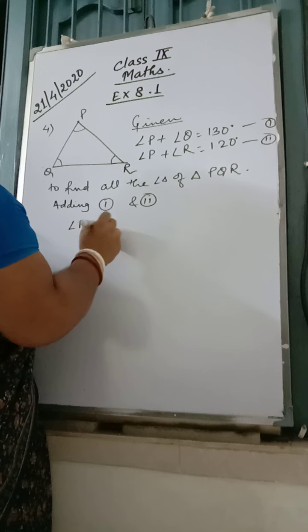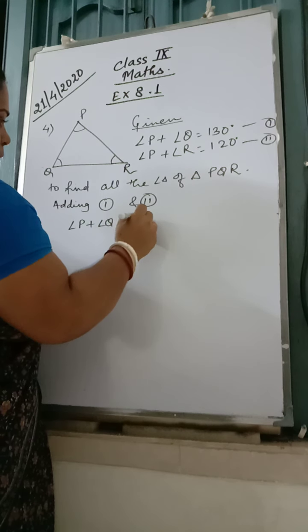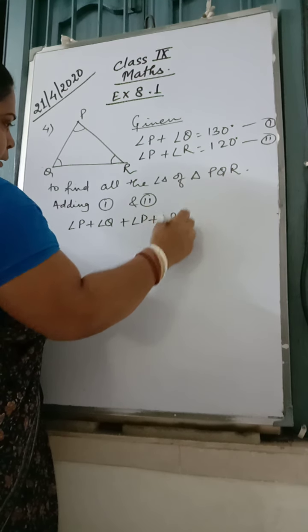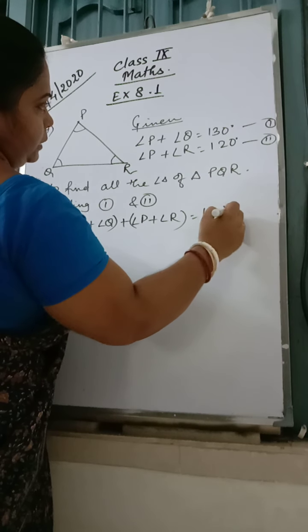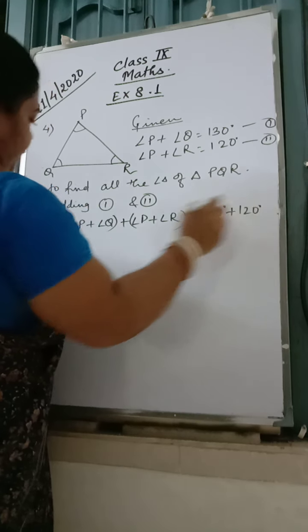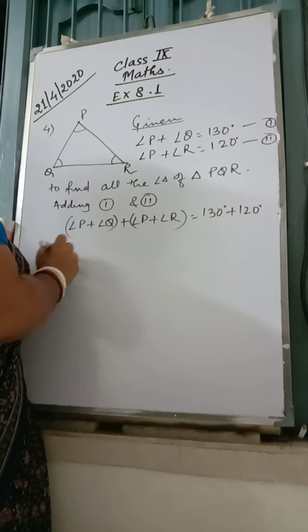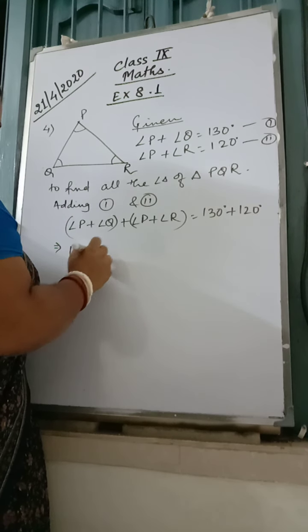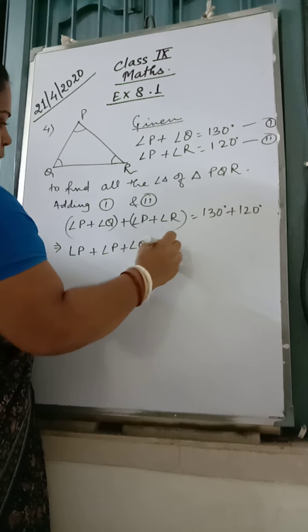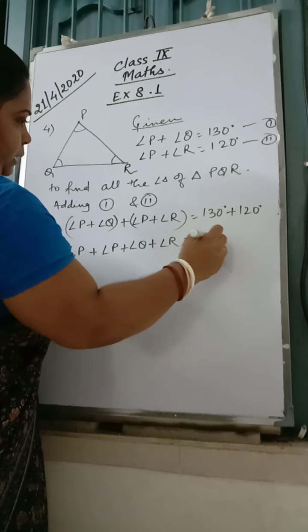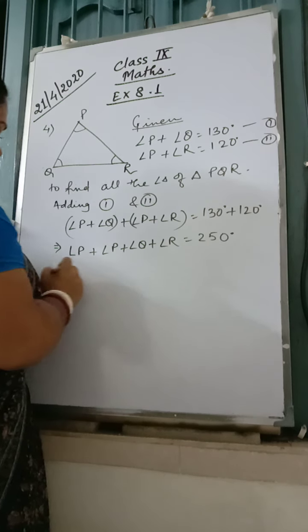Angle P plus angle Q plus angle P plus angle R is equal to 130 degree plus 120 degree. Or it gives you angle P plus angle P plus angle Q plus angle R is equal to 250 degree.